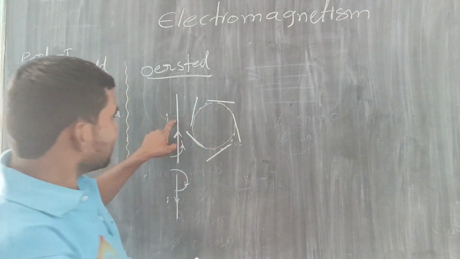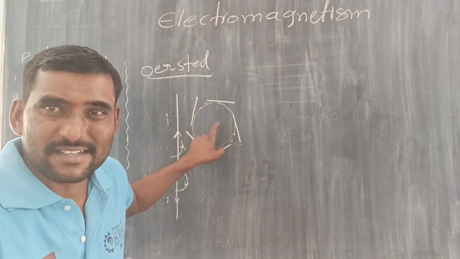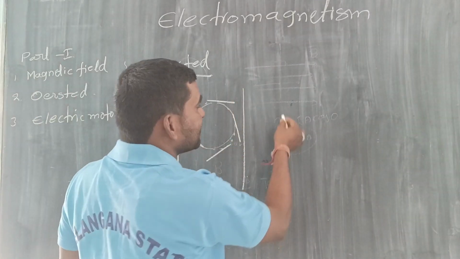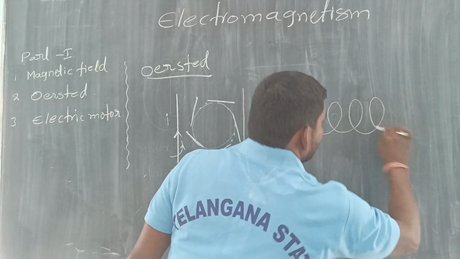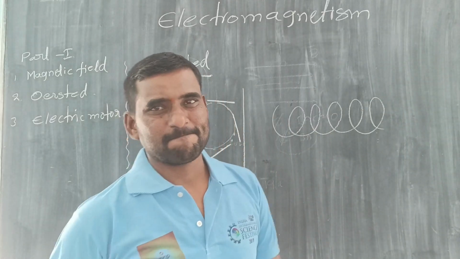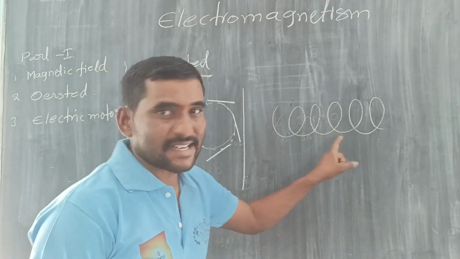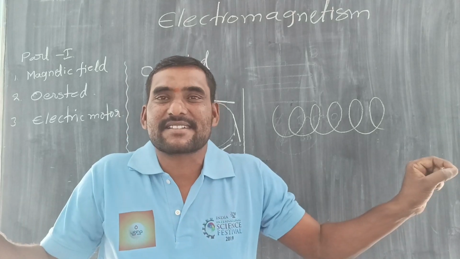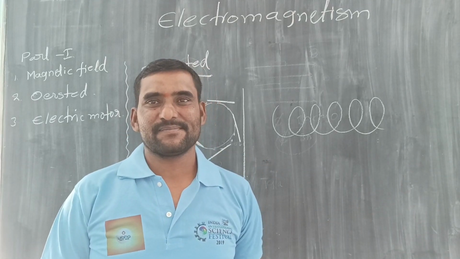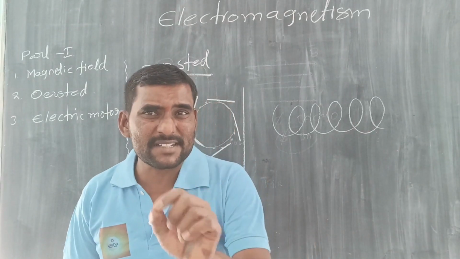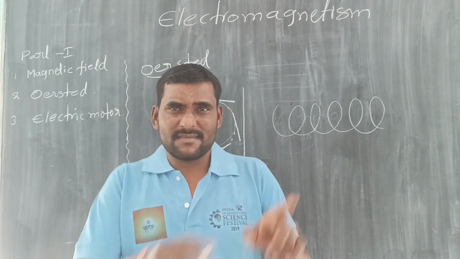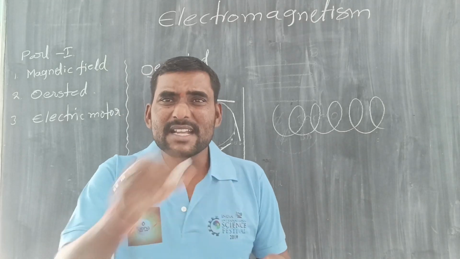Next experiment. Current in a straight line gives a circular magnetic field. But if current is in a circle, this is called a solenoid. If current is in a circle, the magnetic field is straight, looking like a bar magnet. This solenoid experiment is very, very important. We take one table and make equidistant holes.